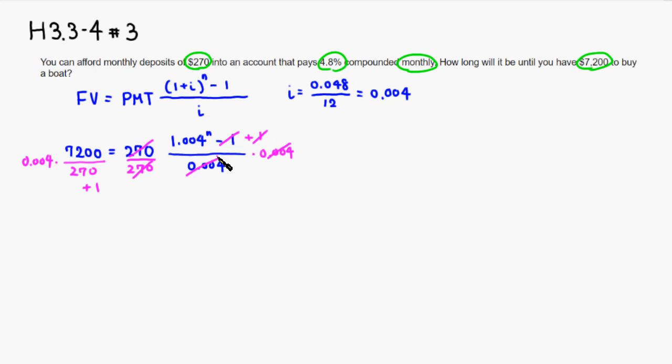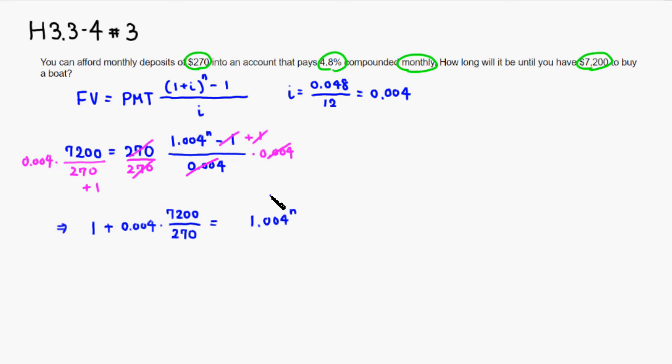What we get, let me clean up a little bit, is 1 plus 0.004 times 7,200 over 270, and this is equal to 1.004 to the nth power.